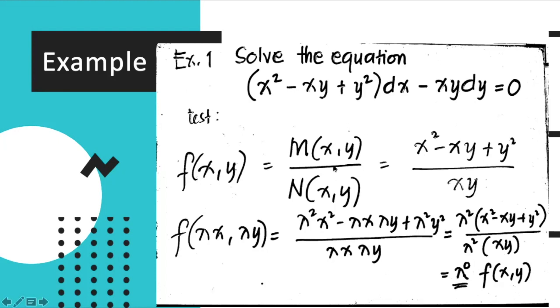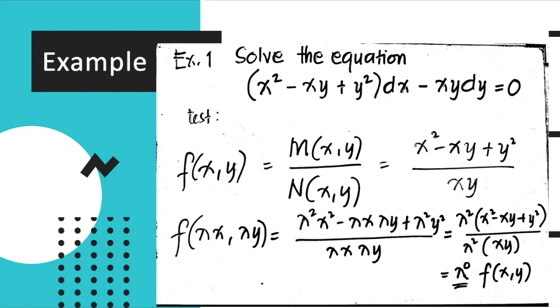Basically, gagawin lang natin, we put the ratio. Ano yung M? Yung M is the coefficient of dx. And N is the coefficient of dy. So you put them into ratio. And then dapat degree 0 yung kalalabasan. Follow? Okay. This is the function na sinasabi ko, that this function is homogeneous of degree 0.